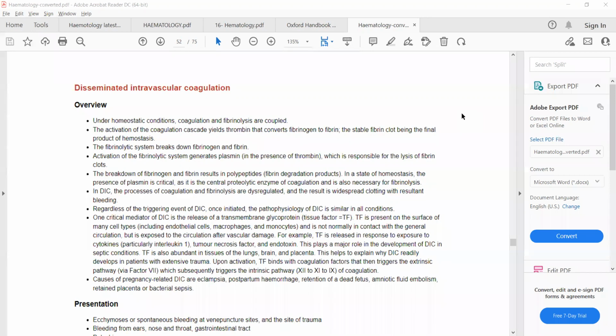Activation of the coagulation cascade yields thrombin, and this thrombin then converts fibrinogen into fibrin, and this fibrin then stabilizes the clot by deposition of the fibrin thread and its cross-linking. Now, when the clot is formed, the fibrinolytic system is activated in the form of plasminogen.